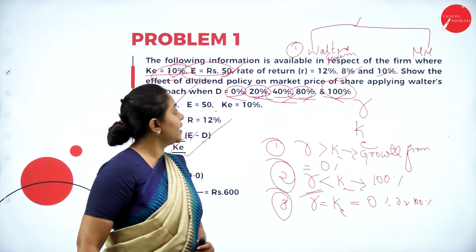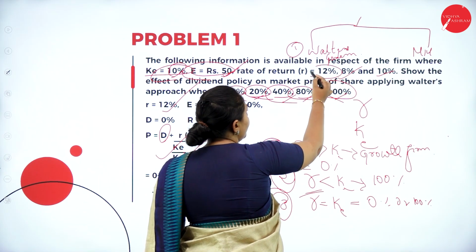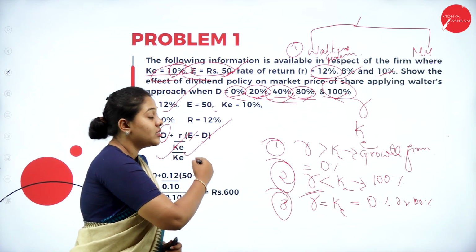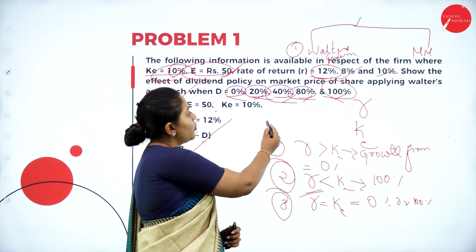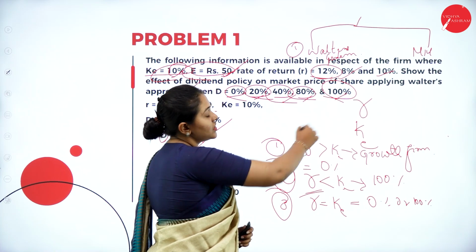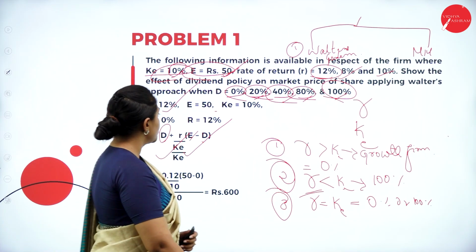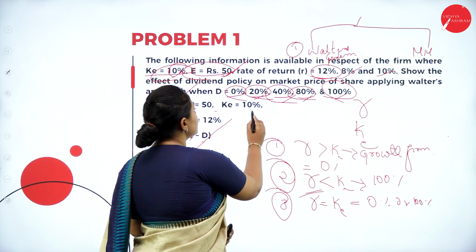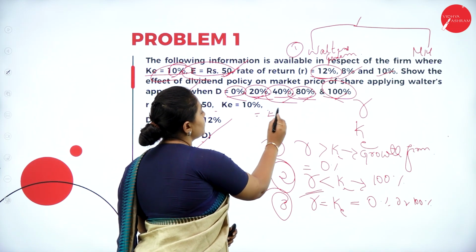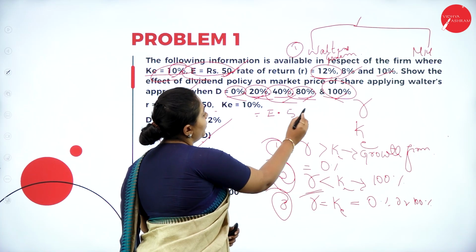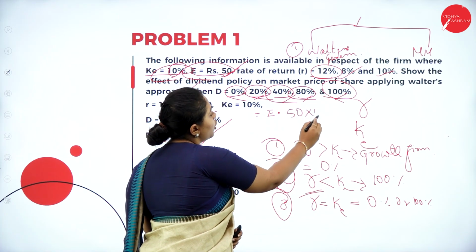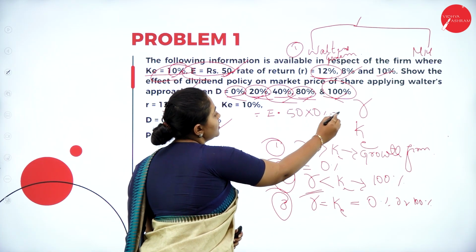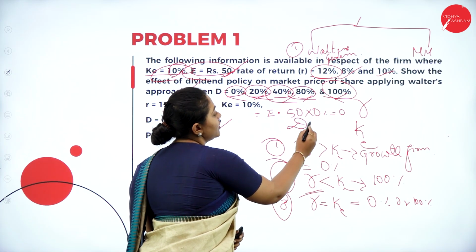What is the first case? When the return is 12% and the dividend is 0%, 20%, 40%, 80% and 100%. Let us calculate the dividend per share first. Earnings is 50 rupees. 50 into 0% will be 0, so your dividend will be 0.